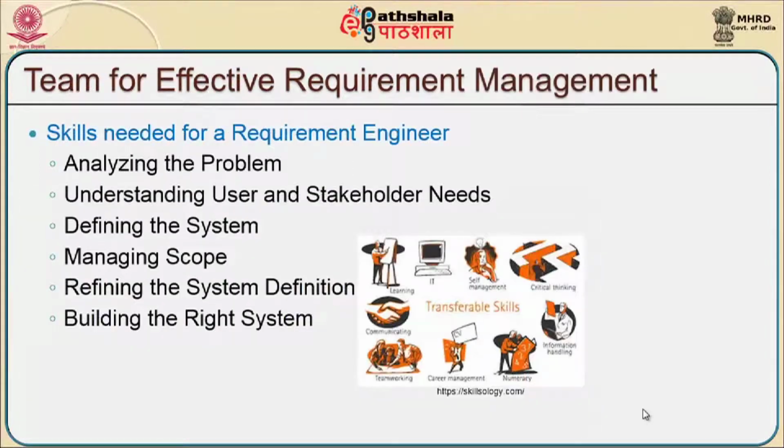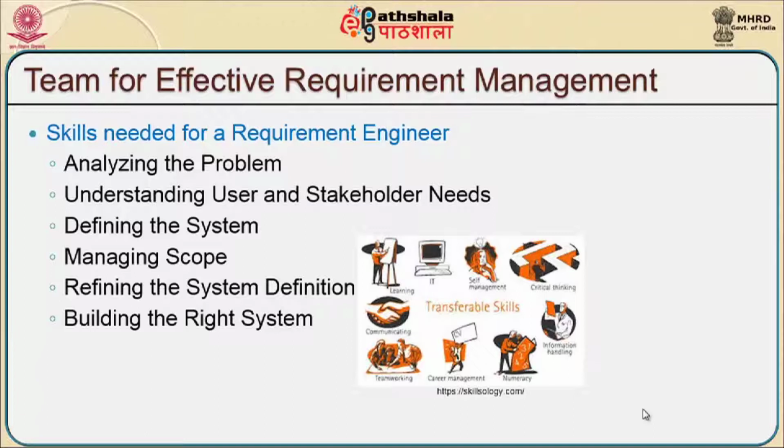Now we will look at the team that is to be developed for an effective requirements management process. So what should be the capacity of the team, or what skills does the team need to have as a requirements engineer? A requirements engineer needs to have an in-depth analysis of the problem. Given a specific problem, he should not take the problem in a conventional way, rather he should be very clear on the pessimistic and optimistic ways of thinking on the same problem.